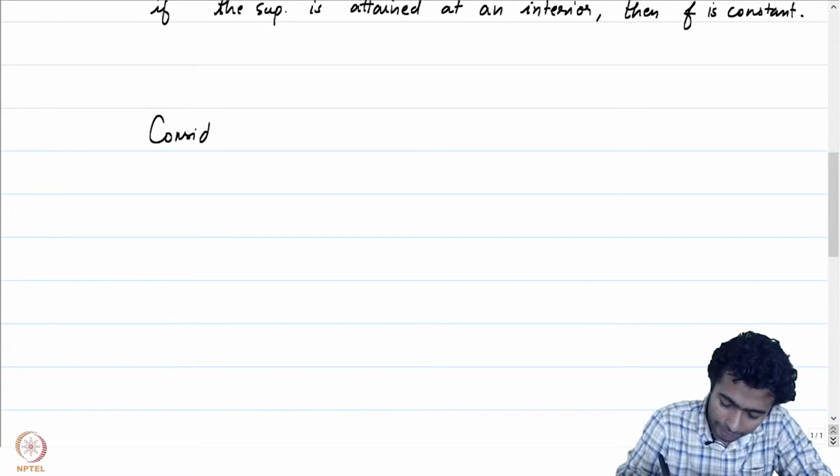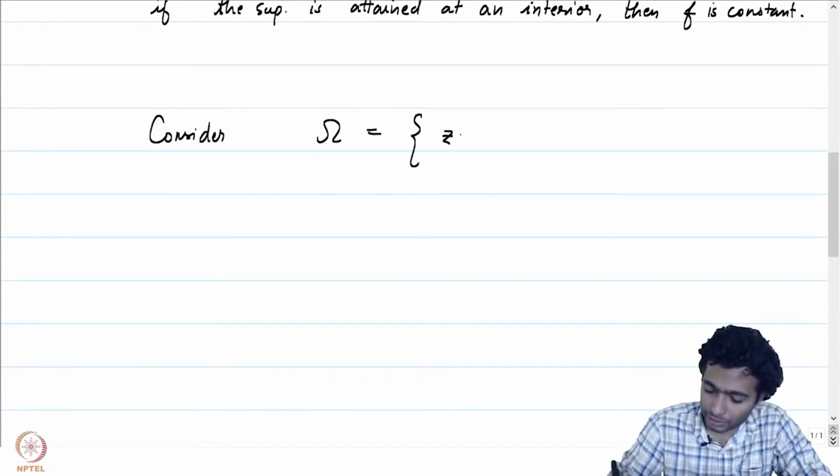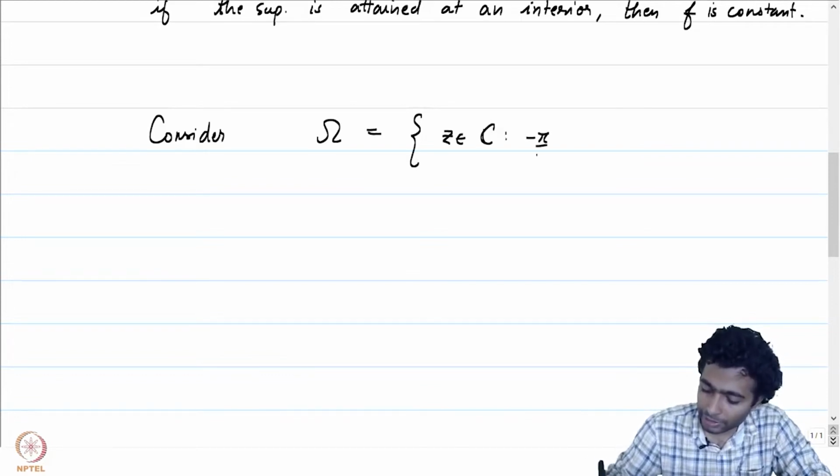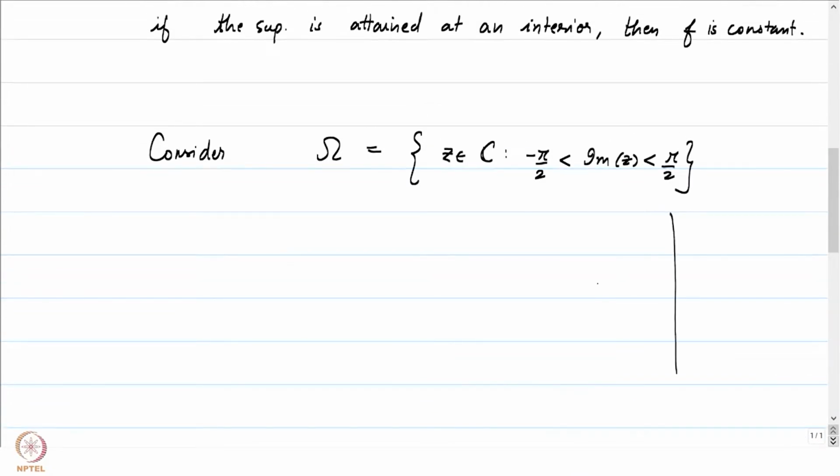Consider omega, which is the horizontal strip. It is the set of all z in C such that minus pi by 2 is less than the imaginary part of z, which is less than pi by 2. So if I am to draw it on the complex plane, let these be the axes. Let me use the red line to capture plus pi by 2 and minus pi by 2.